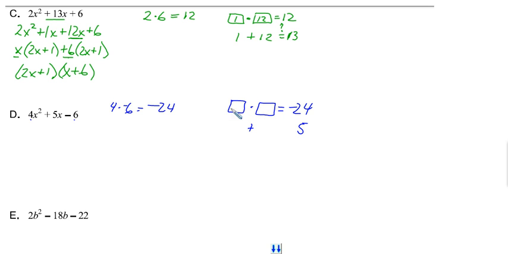Now 3 and 8 will work if I use negative 3 and positive 8. And that's going to work nicely for my signs here too. When we're multiplying the negative times the positive, it gives me a negative. So negative 3 plus positive 8 will equal 5. So these are my two numbers, negative 3 and positive 8.